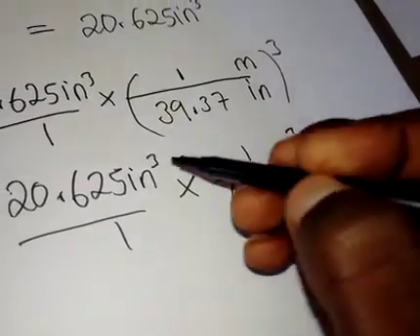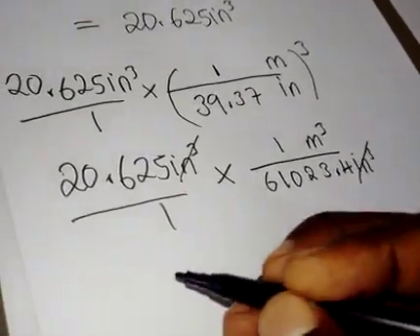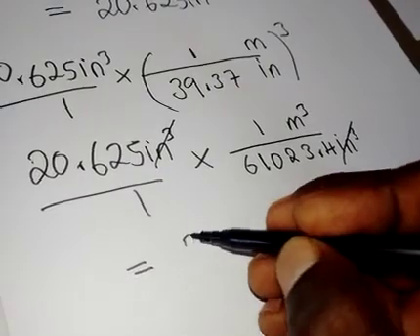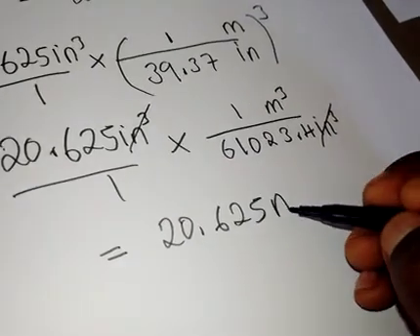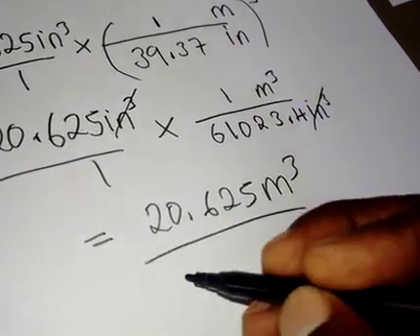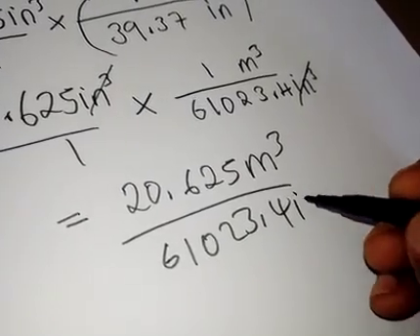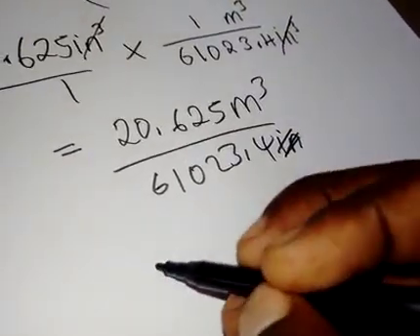So the cubic inches cancel, and we just divide what we have remained with. When we multiply directly, we get 20.625 cubic meters over 61023.4. We have gotten rid of the inches.